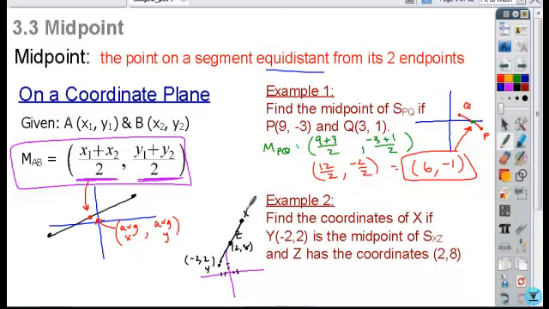Okay, so if you want to find what the coordinates for x are, what you're going to need to do is start with the expression for just that x coordinate, because you know that this is equivalent to 2. So if we took x1 plus x2, well, what is our known x value? So here's x2, negative 2.